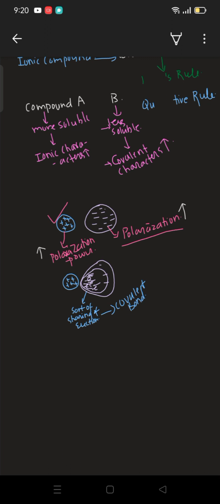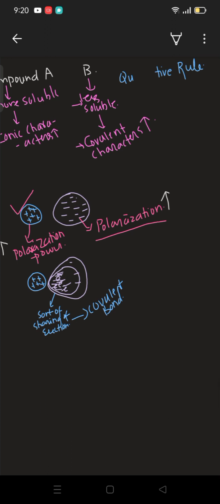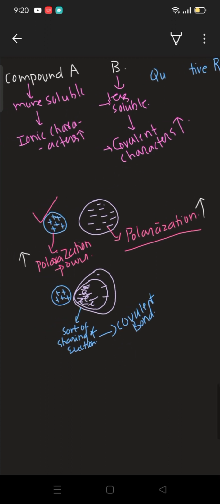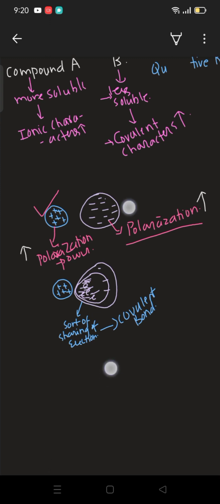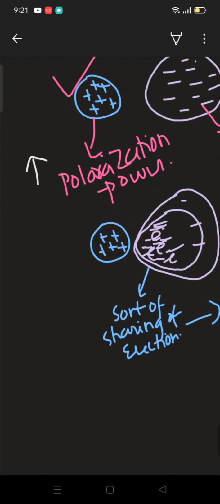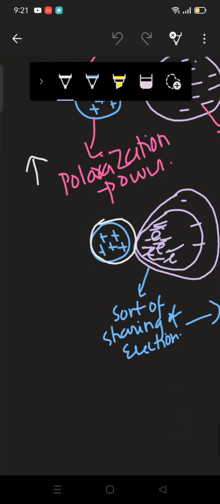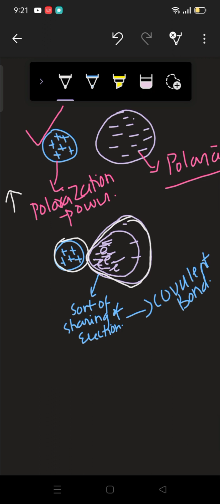So anion will have polarization, while cation will have polarizing power. Now what does polarization mean and what does polarizing power mean? Polarizing power means the cation will make the anion attract towards it.